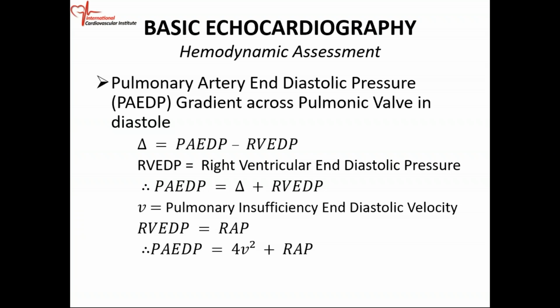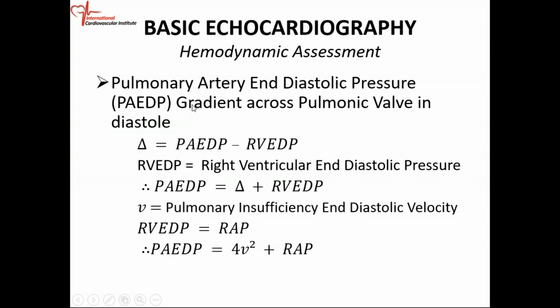So that pressure difference is the pulmonary artery end diastolic pressure. That is the pressure in the pulmonary artery at the end of diastole. And you're going to subtract from that the right ventricular end diastolic pressure, because now we're talking about things occurring in diastole.